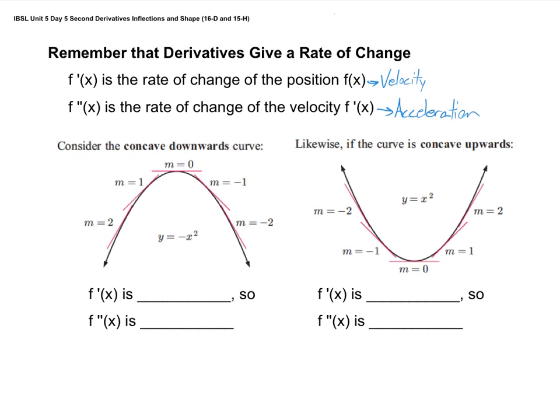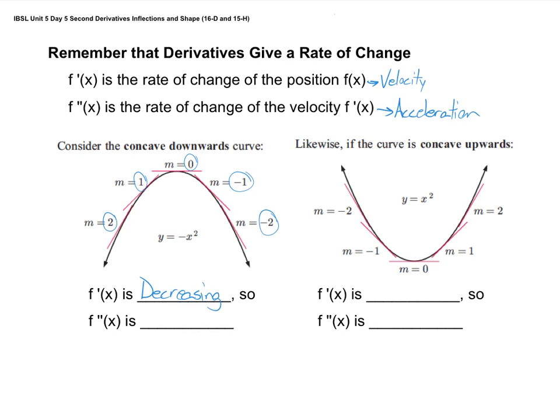If we look here on the left, we have this concave downwards curve. You can see the tangent lines that are drawn there. And you'll notice that as we go from left to right, the slope of the tangent line is going from 2 to 1 to 0 to -1 to -2. So our derivative is doing what? Decreasing. Now notice we're not talking about the function, we're talking about what's happening to the derivative. The derivative is decreasing.